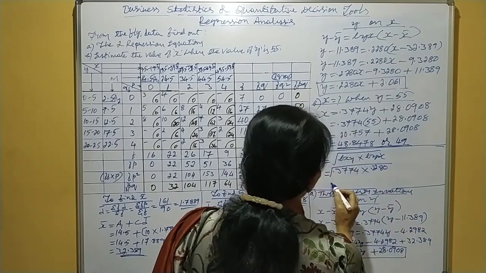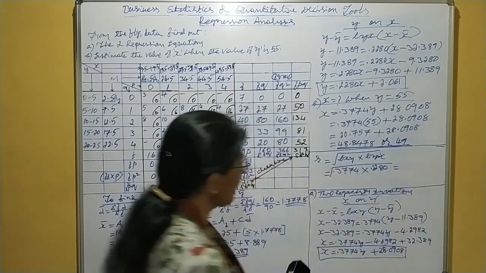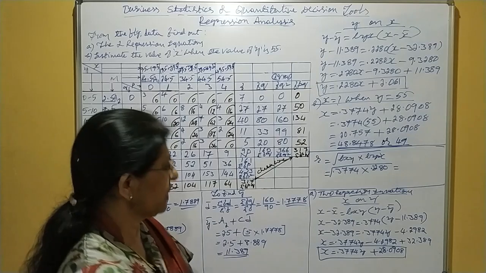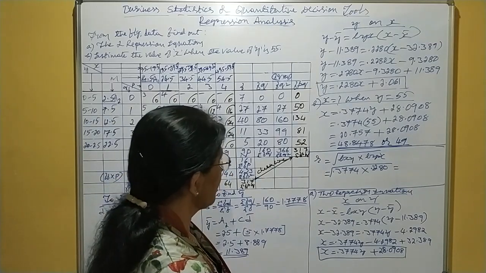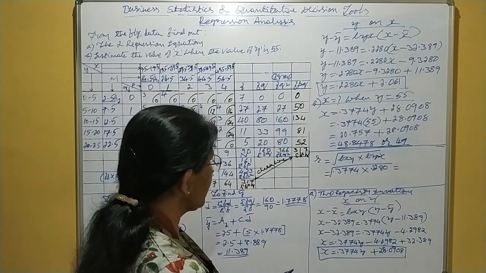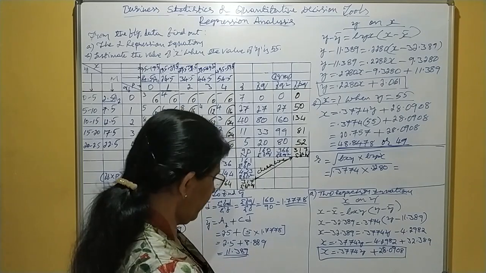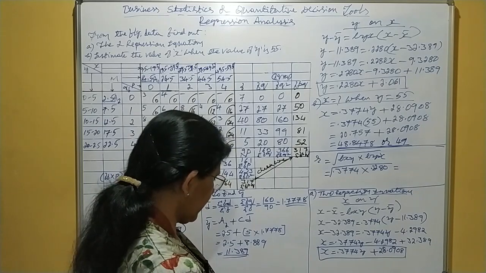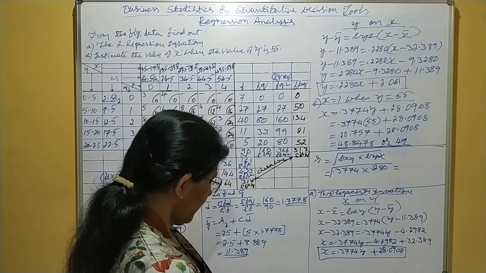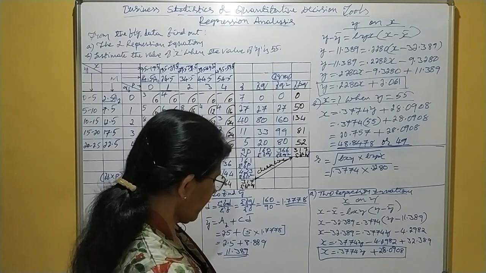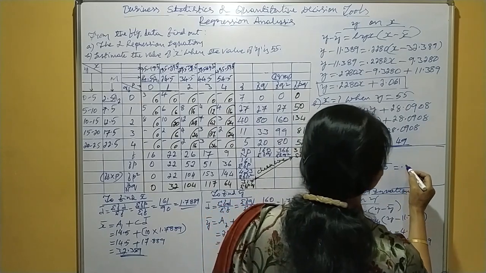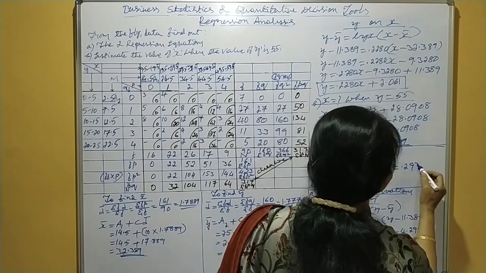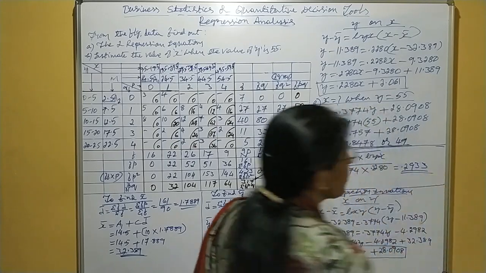Now you have to multiply and remove the square root. 0.3774 into 0.2280, square root, comes to 0.2933. This is the correlation coefficient.